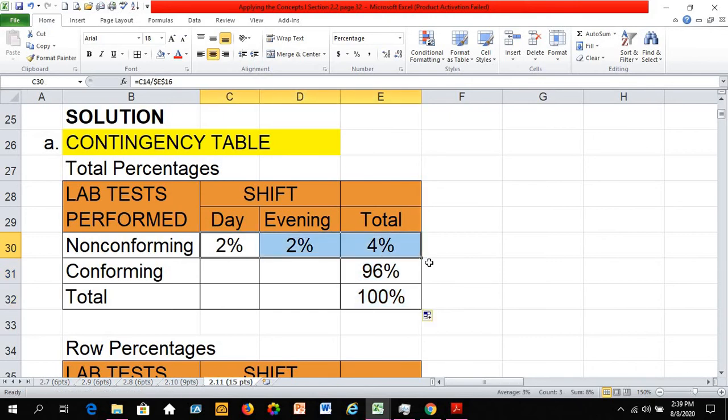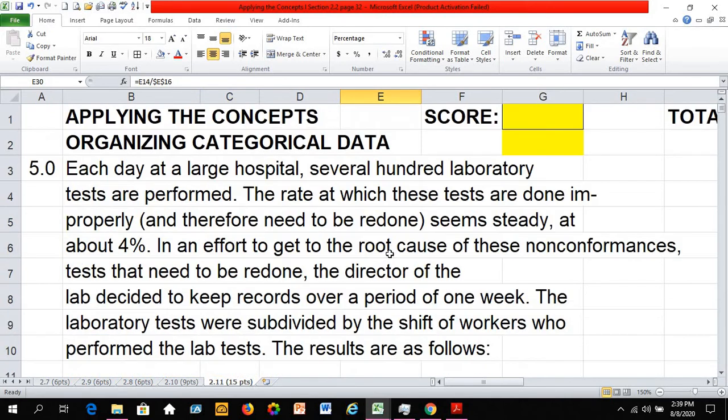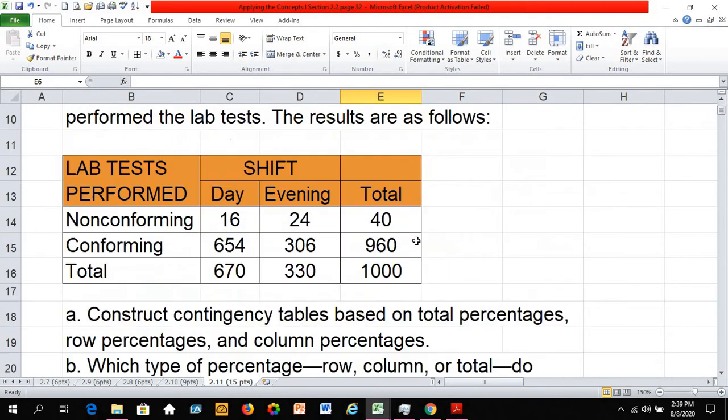Okay. Let me redo that. There you go. So you will see the total non-conforming lab test is 4%, as it was mentioned here. It seems steady at about 4%. And still, we are looking for the root cause of these non-conformances.